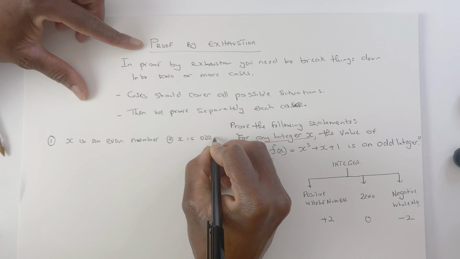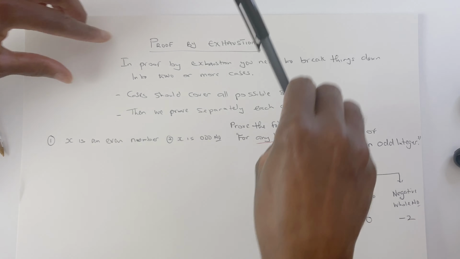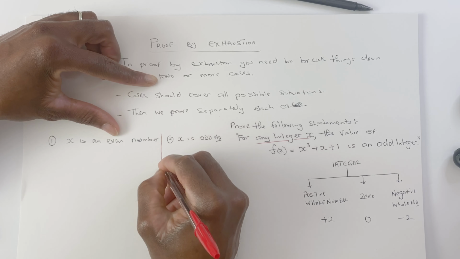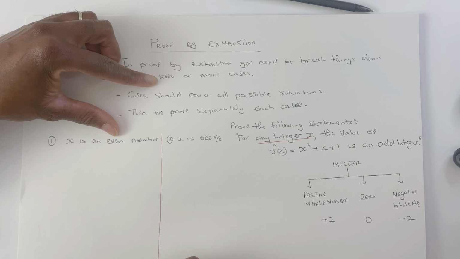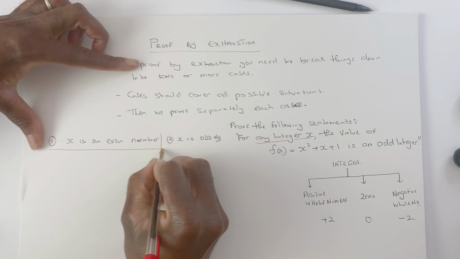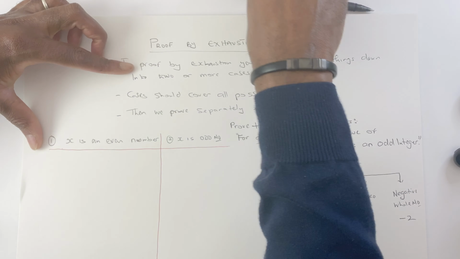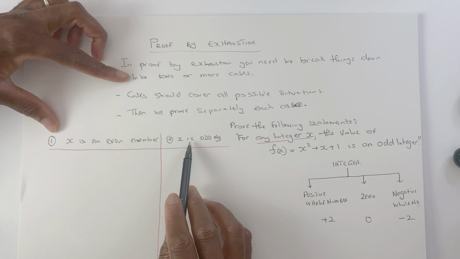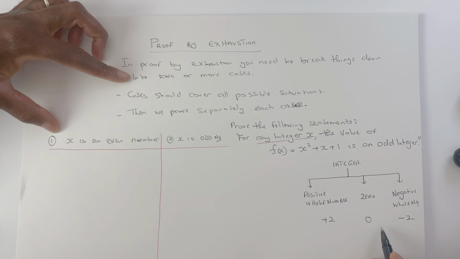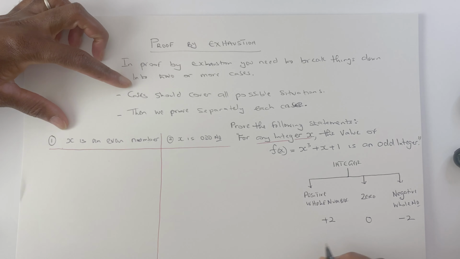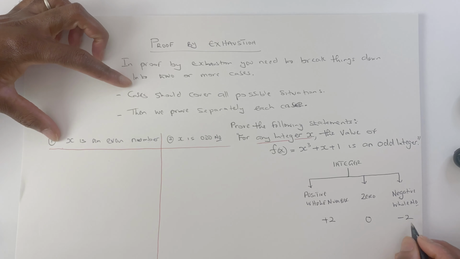Let me separate these two cases because I'm going to prove them. There you go, these are the two cases: x is an even number, and x is an odd number. As an integer, you could have a positive even number or positive odd number, and a negative even number or negative odd number.